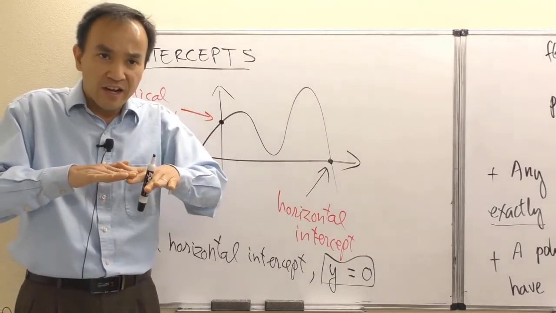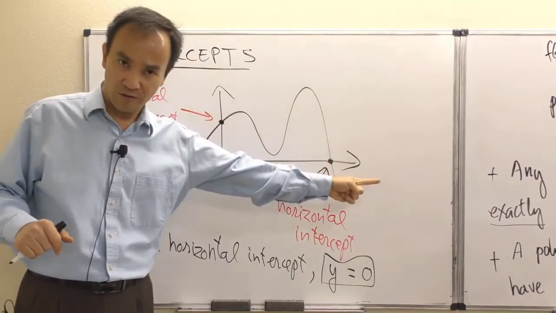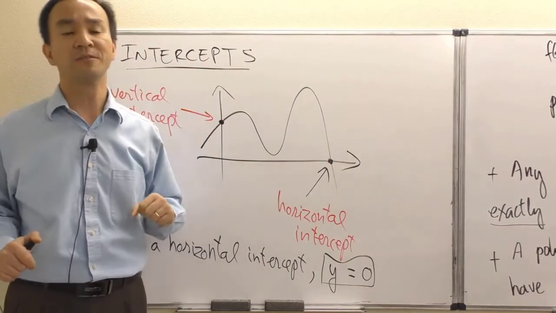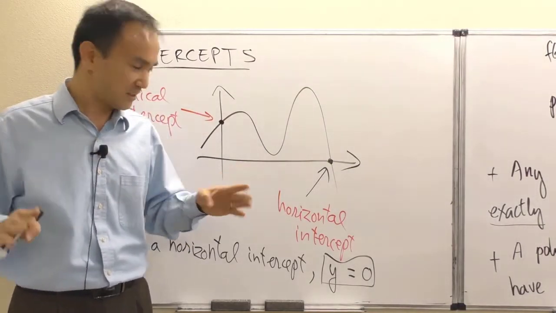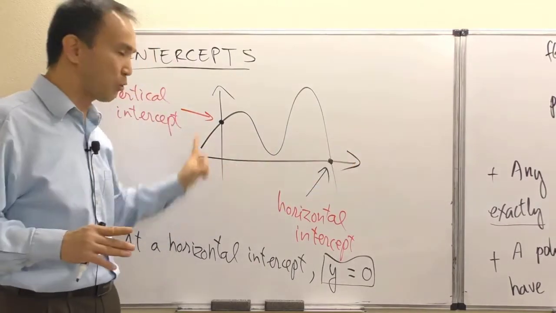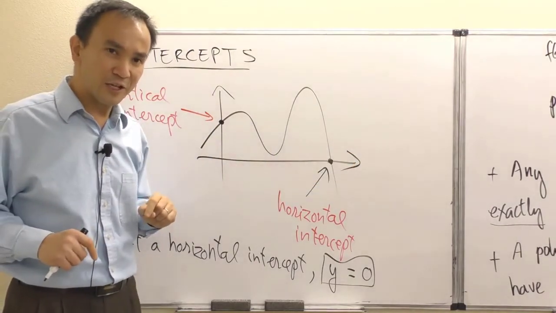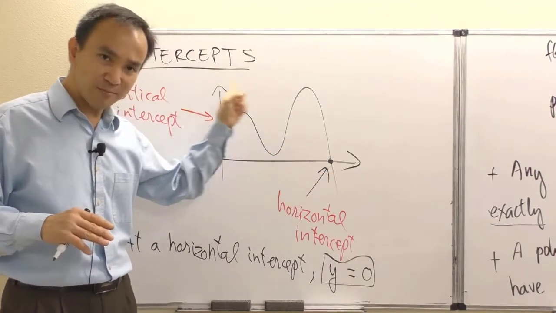In those earlier courses, we stay with the convention that x is on the horizontal side and y is on the vertical side. That's why back then we called them the x-intercept and the y-intercept.